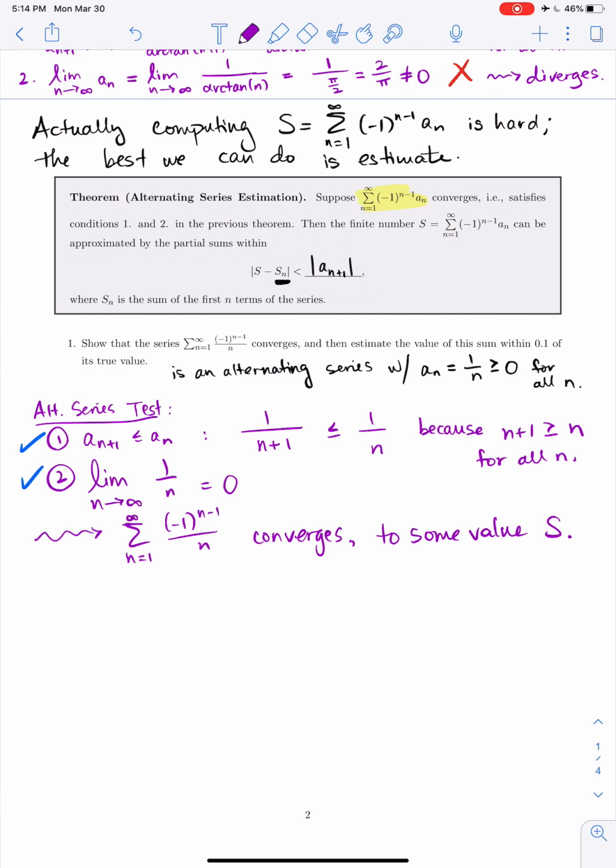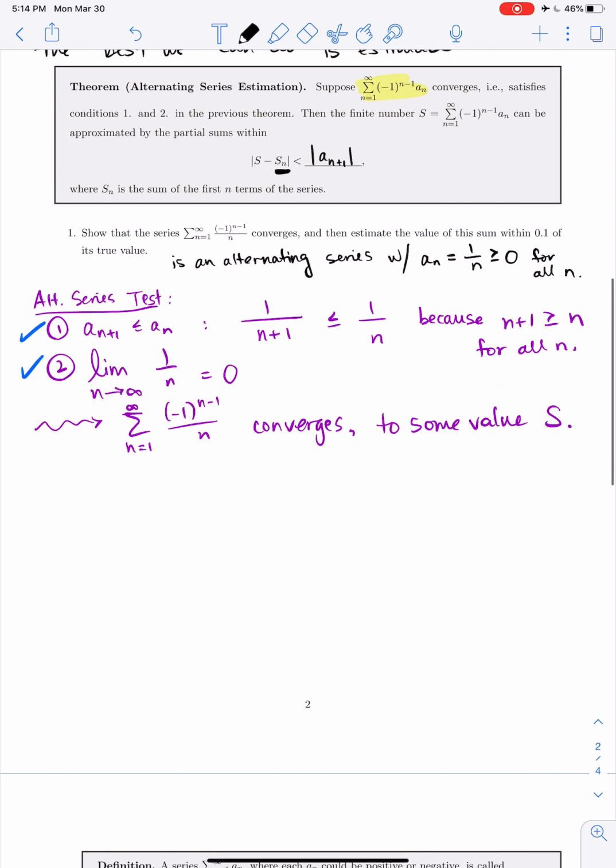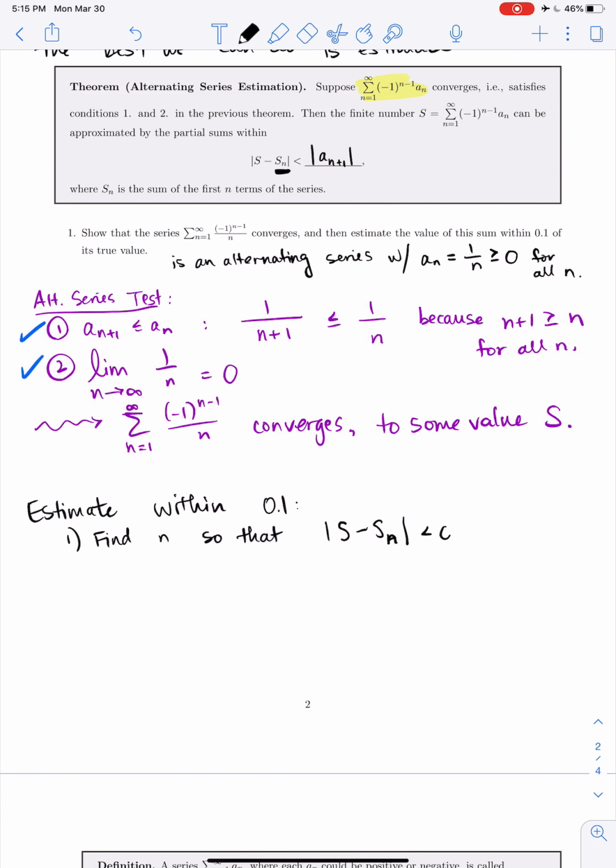So to estimate this value s within a certain error bound, here's what we're going to do. The first thing that we need to do is find n so that the difference between our actual value s and our estimated value s sub n is less than 0.1.